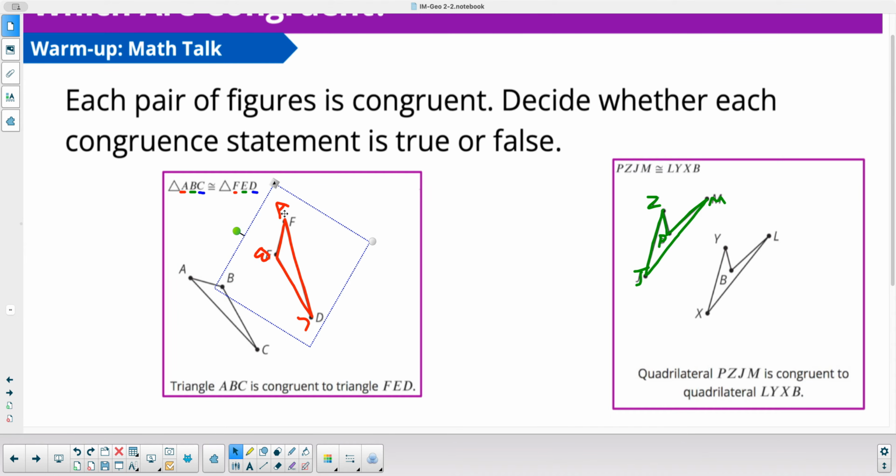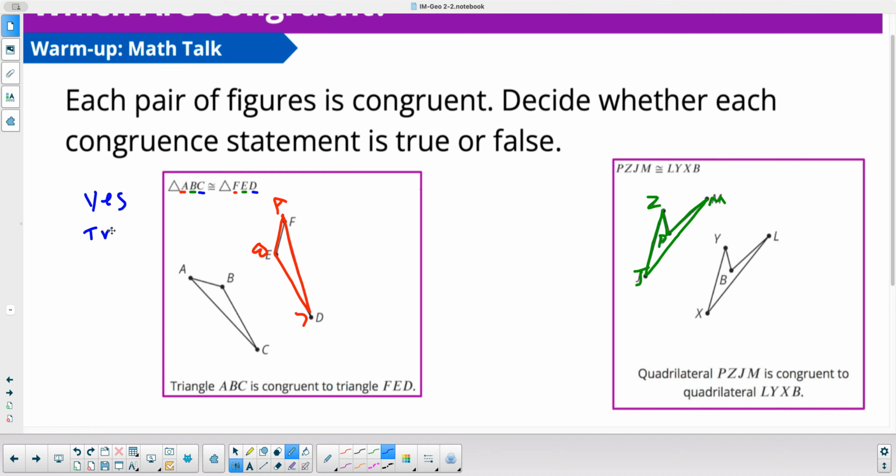So here I can see A is paired with F. That's good. B is paired with E. So that's good. And then lastly, D is with C. Okay, so this one would be good. This one is a yes, or I guess true is what it says. It says true or false. That's true.